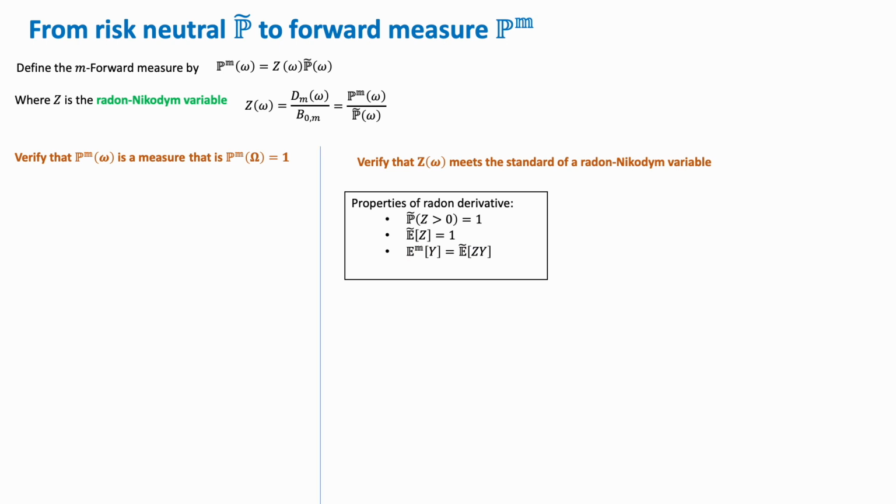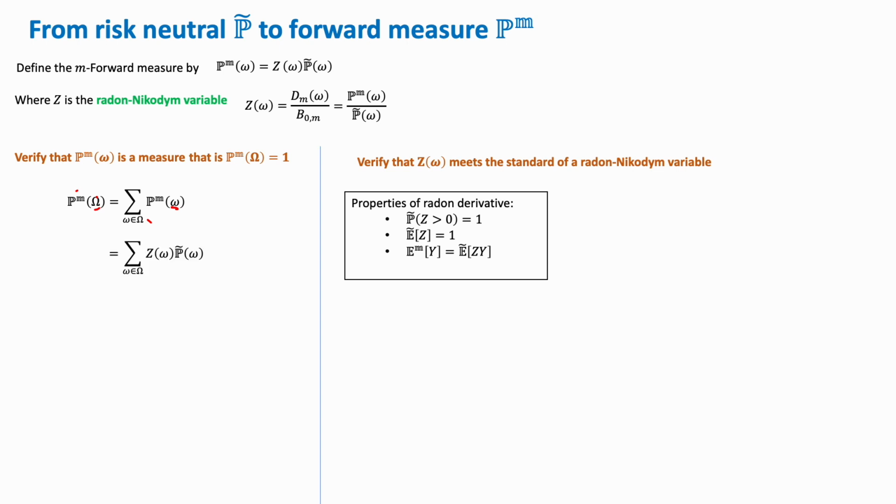So let's start by verifying that this guy is actually a measure. So what is the probability? What is PM of all the elements of omega, right? So that is essentially the sum of all its individual elements omega inside small omega inside the universe, right? These are all the probabilities that we're taking and summing them up.